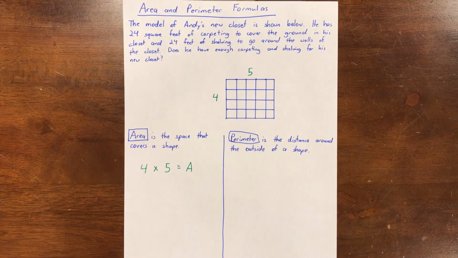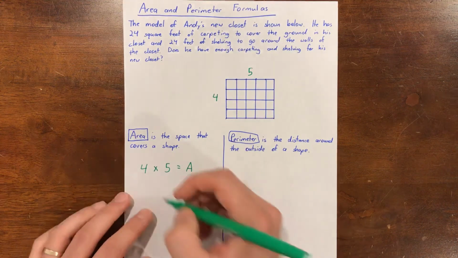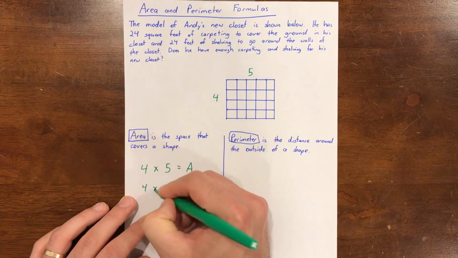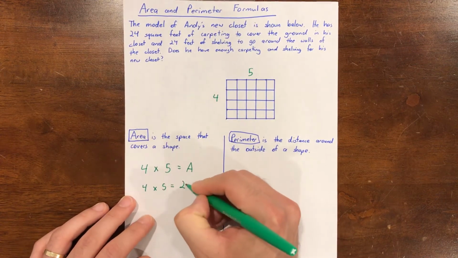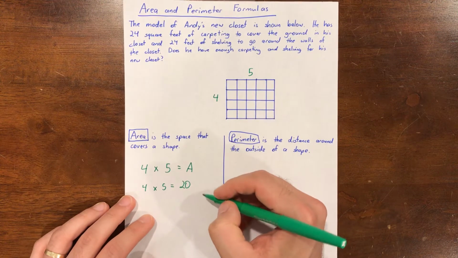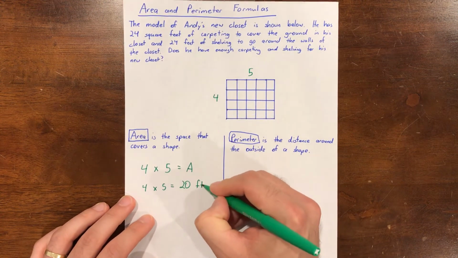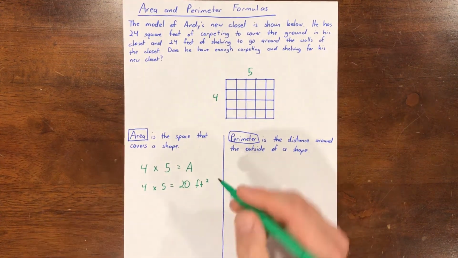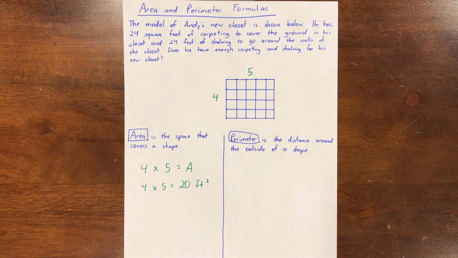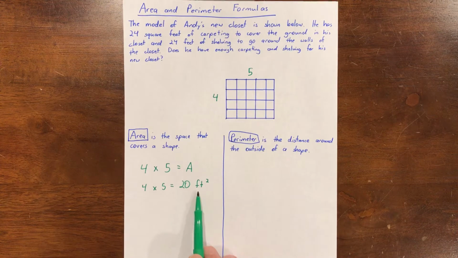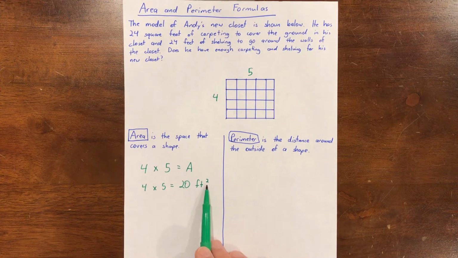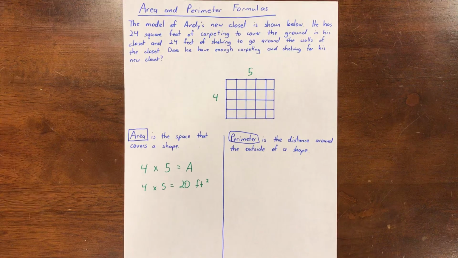Okay, well, we know that 4 times 5 equals 20, and our units are going to be square feet, because we are talking about covering the shape with squares that are 1 foot wide and 1 foot long. We can write square feet by writing FT for feet with this little 2 just to the upper right corner of it. That means square feet.